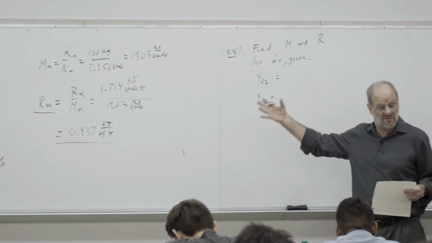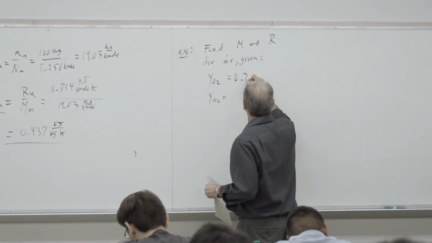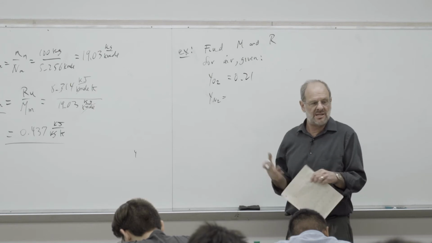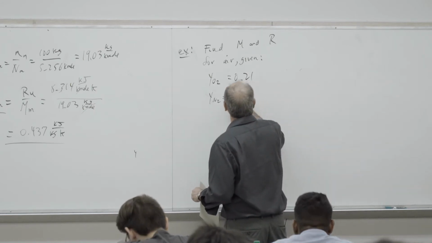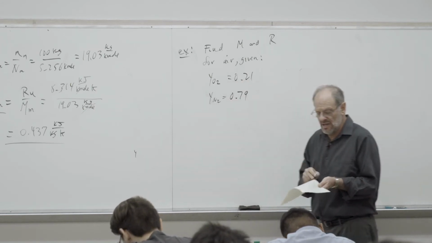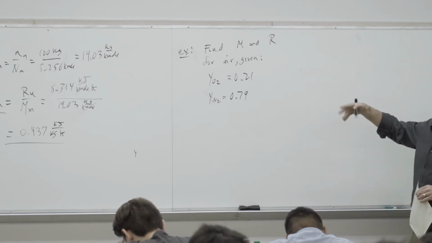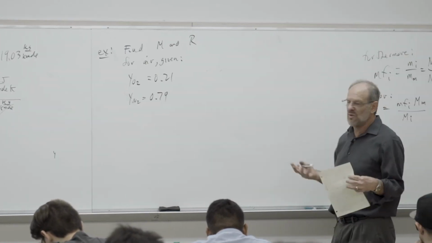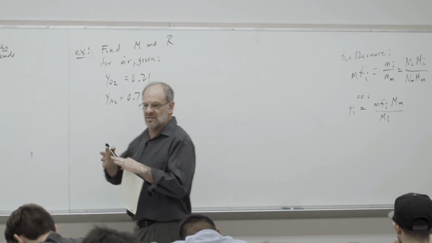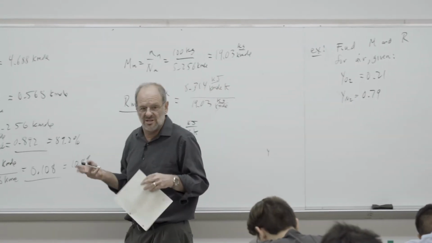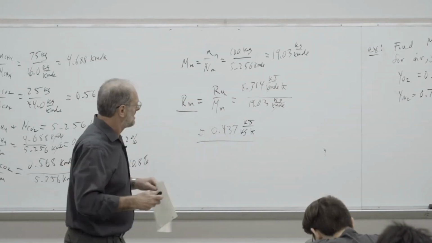The mole fraction of oxygen is 0.21 or 21%, and the mole fraction of nitrogen is 79%. Okay. So we've seen these numbers before, at least we've heard these numbers, and I think we all know that 21% of our environment, more or less, is oxygen, and the other 79% is nitrogen.